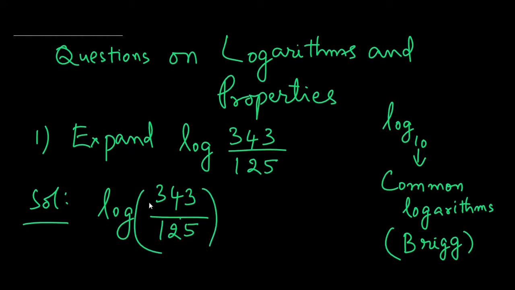Now let us write 343 and 125 in exponential form. 343 is 7 power 3 and 125 is 5 power 3.